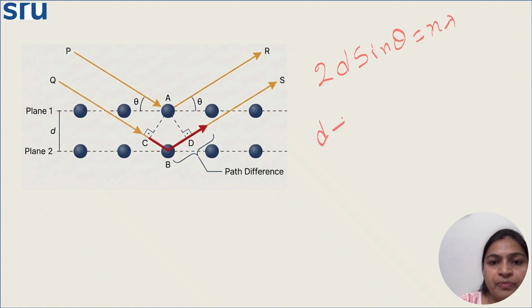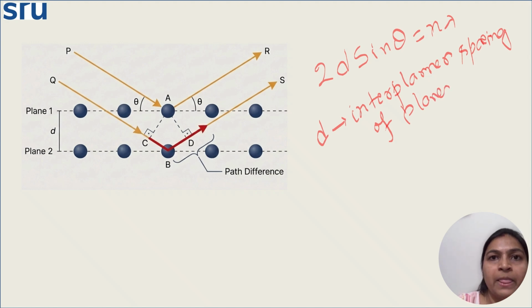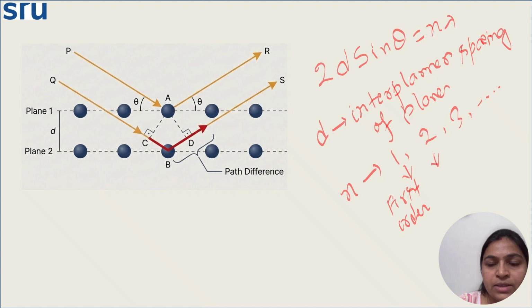Here d is the interplanar spacing of the planes, and n is 1, 2, 3, etc. So 1 means it is the first order, 2 means the second order, and 3 the third order.